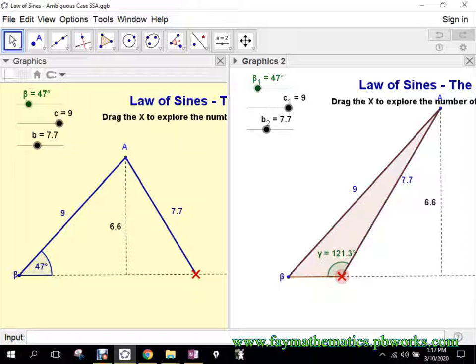Say this angle ends up being 40. If this angle was 40, what would this angle be? 140, right? If that's 140, what would this one have to be? It's 47, right? What's 40 plus 47 plus 140? 187, which is impossible for that. So then that would restrict me to only having one potential triangle. Does that make sense? Okay?